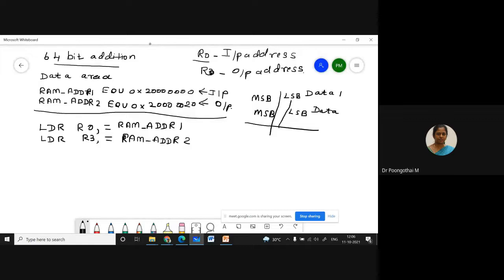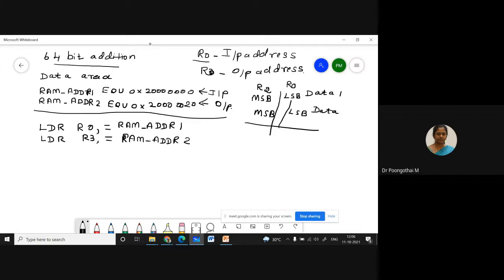Okay. So what is the next step? Store your 32-bit LSB into the address pointed by R0. Next, store the MSB of the first data, 32-bit, into R2.